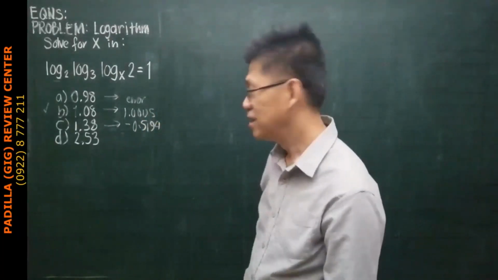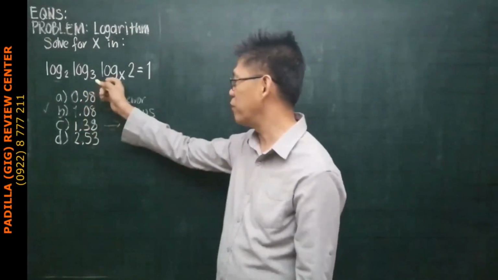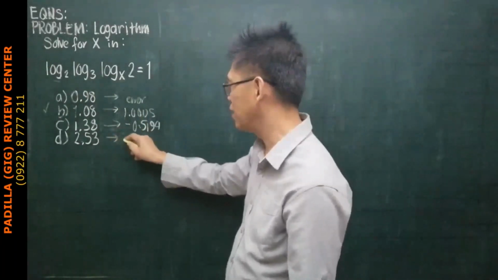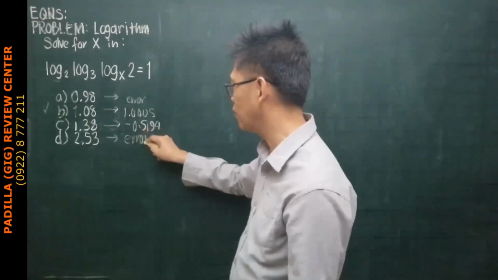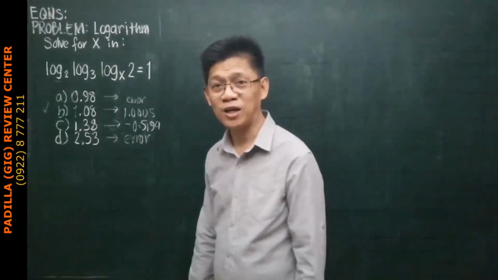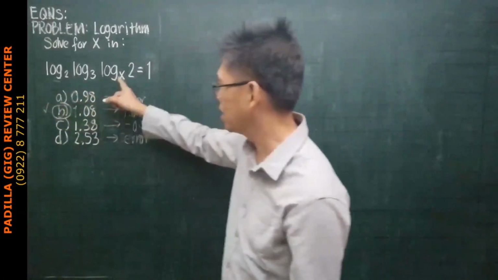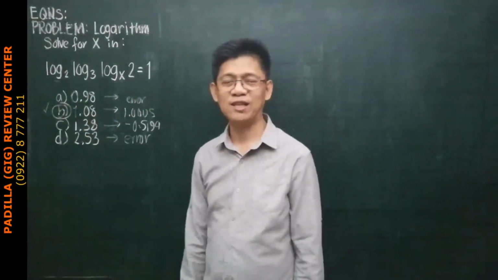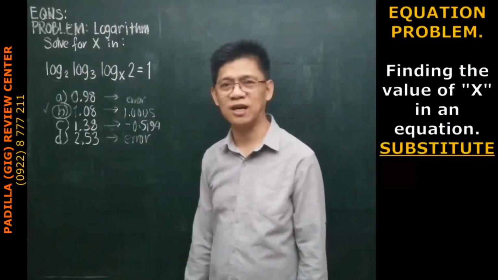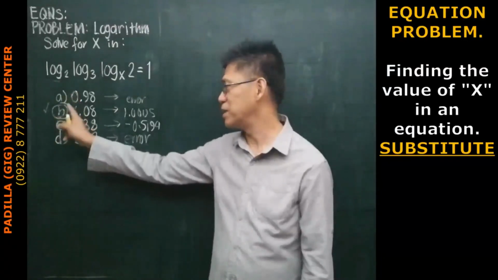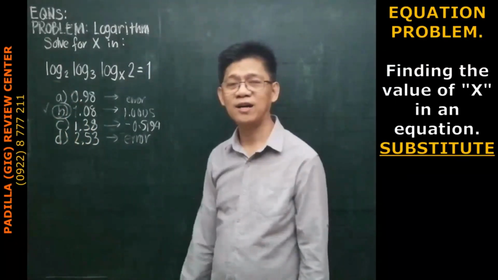Mali pa rin. And then, you try 2.53 for x here. Again, you'll get here a math error message. So, ibig sabihin, isa lang ang nag-satisfy, letter B. So, x is 1.08. So, the solution to equation is nothing but just substitution of the choices.